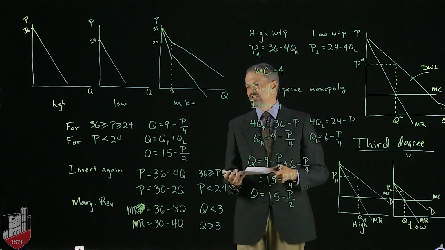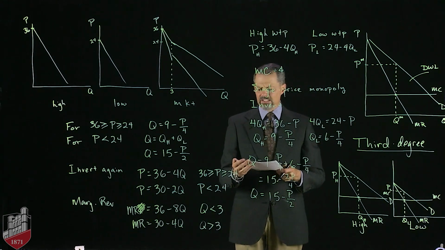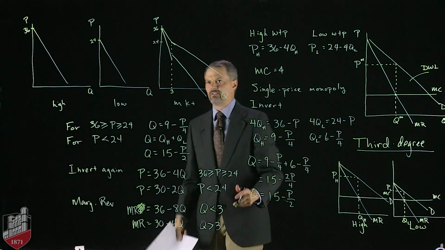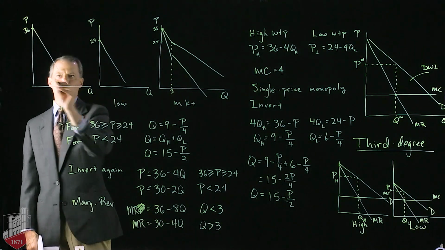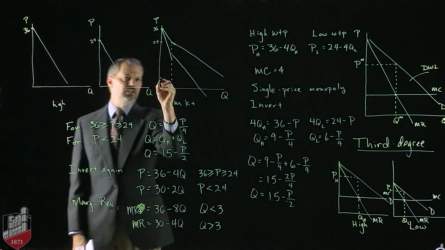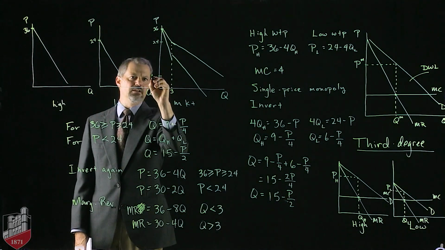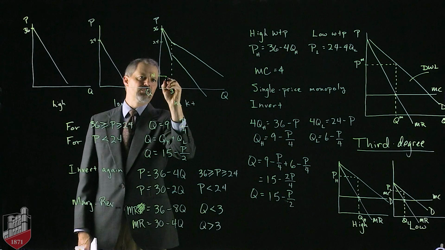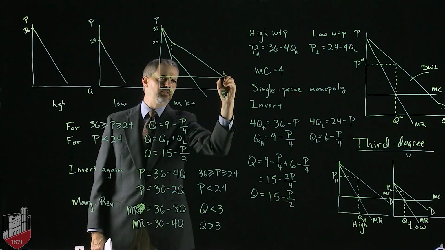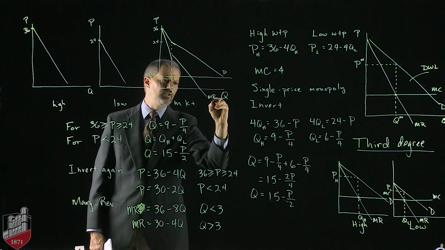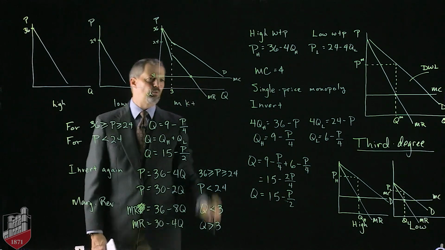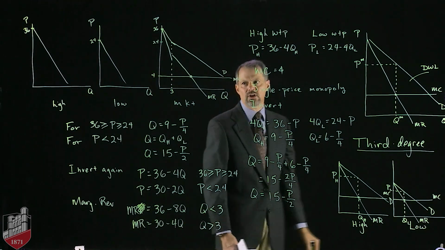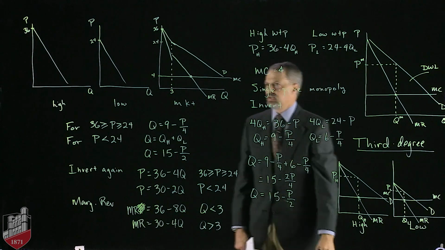So now what we need to do is figure out where marginal revenue and marginal cost intersect. If I put my marginal cost curve up here, it's going to be right over here at 4, right? And so there's demand, there's marginal revenue, here's marginal cost. What we're looking for is where marginal revenue and marginal cost intersect.